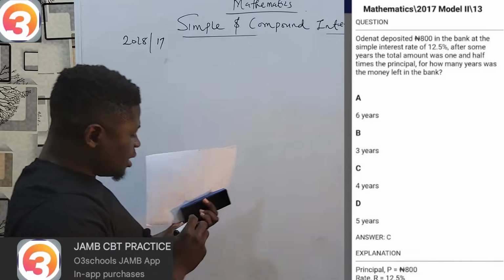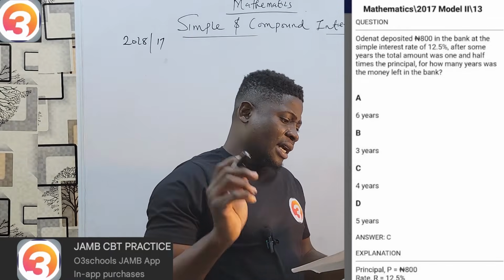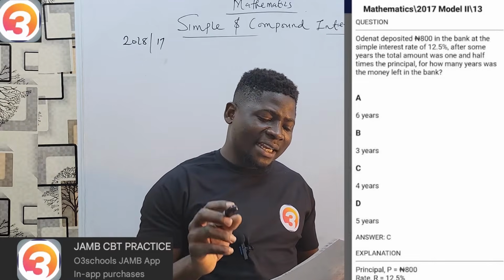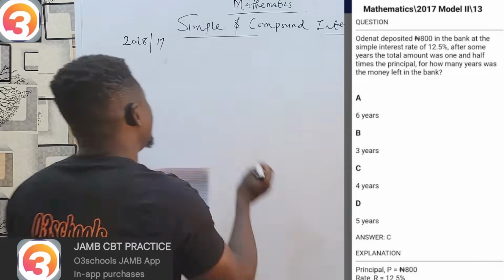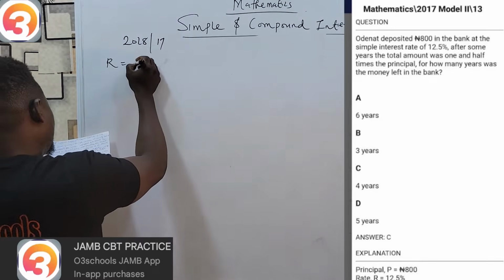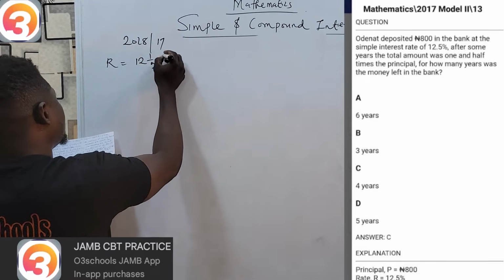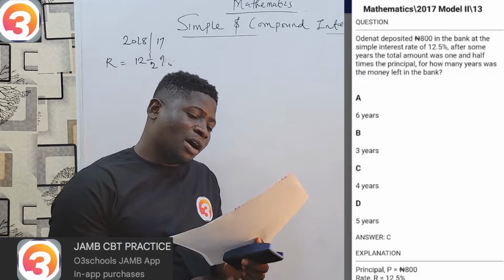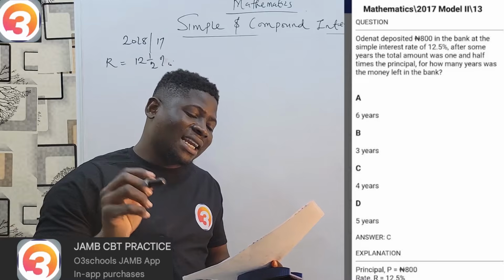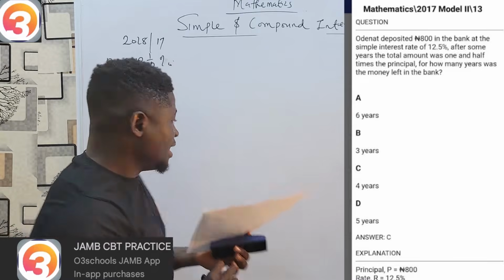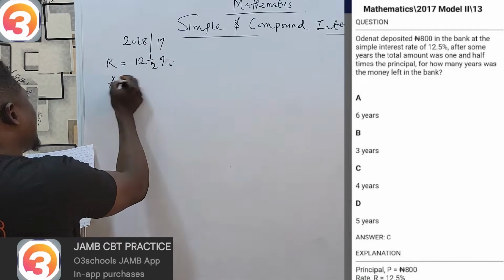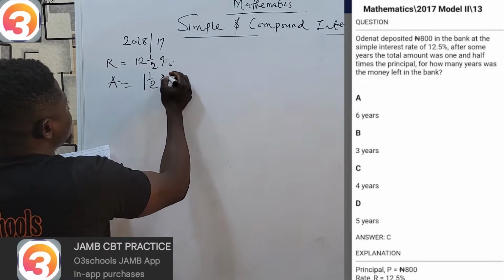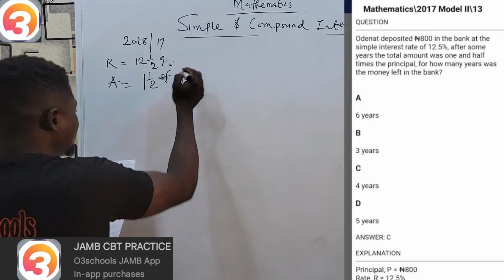So the question goes that someone deposited 800 naira in the bank at a rate of 12.5% simple interest. After some time, the total amount was 1 1/2 times the principal.